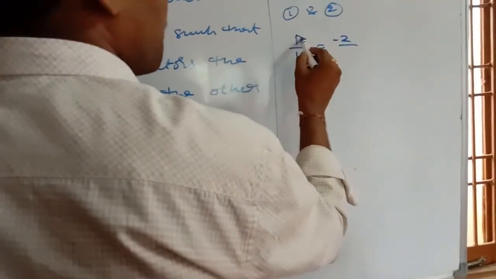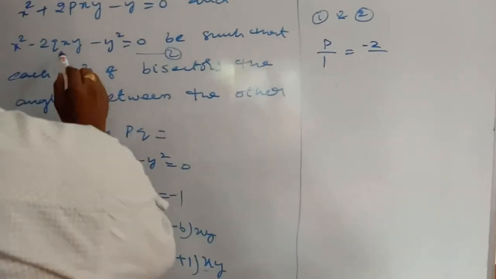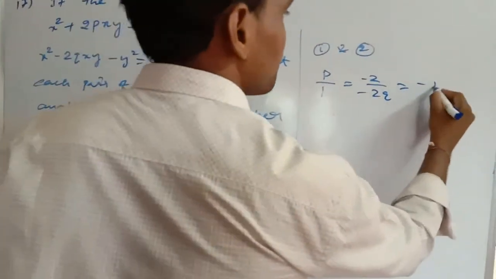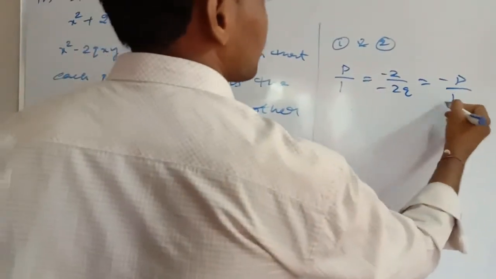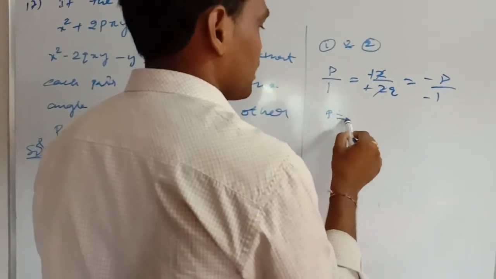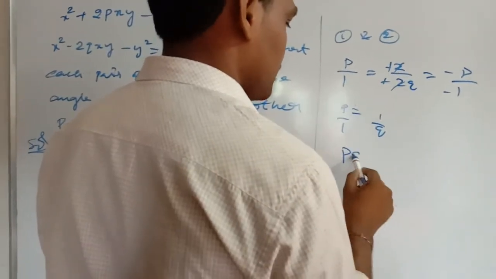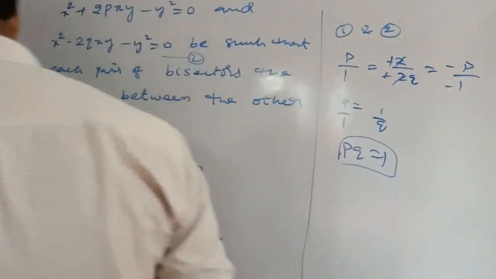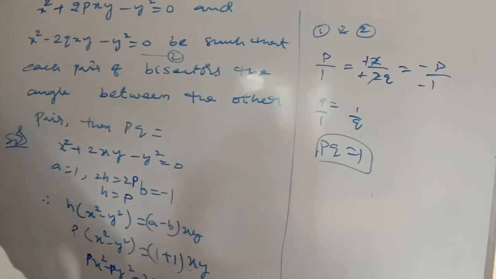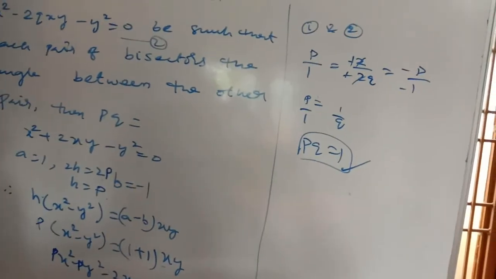Now here p by 1 and the xy coefficient is minus 2 by, here the xy coefficient is minus 2q, is equal to the y square coefficient minus p by the y square coefficient minus 1. Now here, and this is cancelled. Now p by 1 is equal to 2 by 2q, 1 by q. This is pq is equal to 1. Now the value is pq is equal to minus 1. Sorry, pq is equal to 1. Okay. Now the answer is the first option. Here pq is equal to 1.